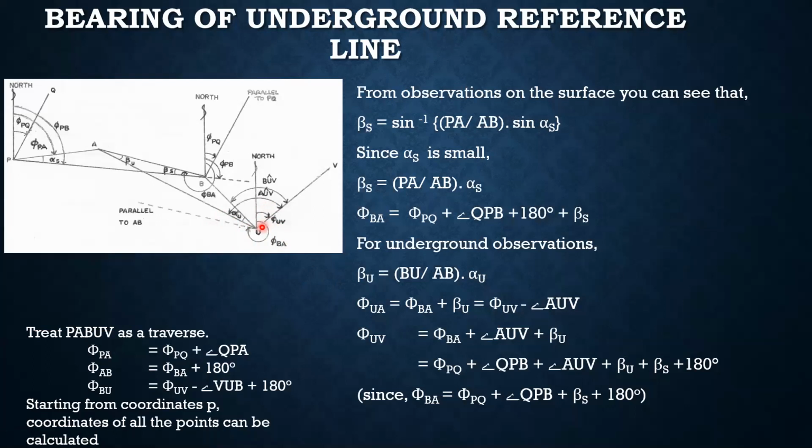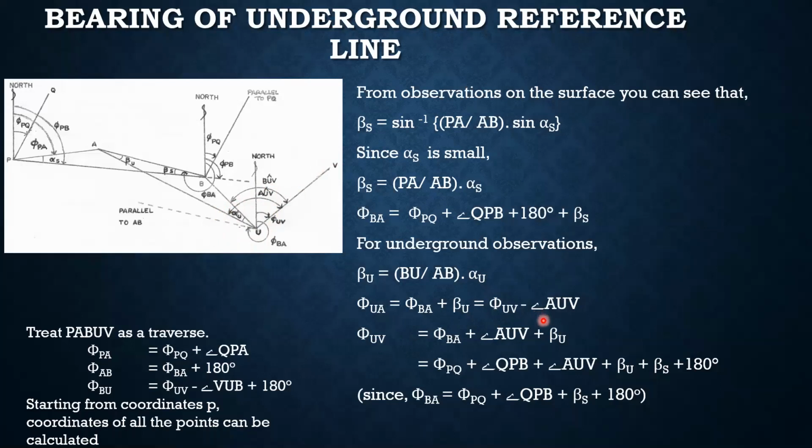If you know the bearing of UV, you only have to deduct a UV angle, this entire great angle, from the bearing of UV. So you will get the bearing of this entire thing.